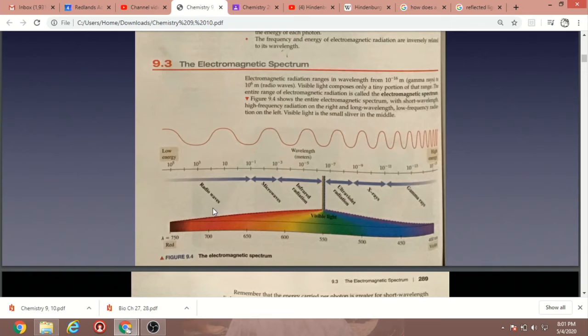But radio waves, believe it or not, are actually what power our cell phones. So when you send a text message or you're using data from your cellular networks, there's cell phone towers that are emitting radio waves to your cell phone, and then your cell phone also emits radio waves back to the cell phone tower.